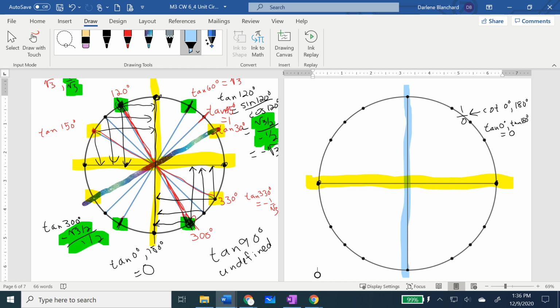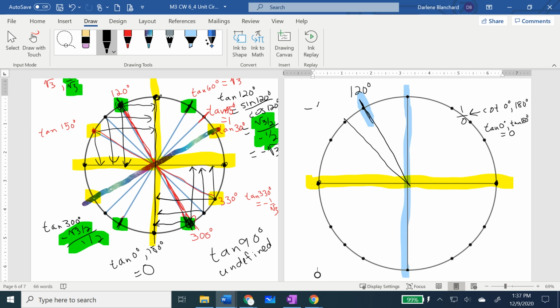So if I'm looking at this angle right here, which is 90 plus 30, 120. If I'm looking at 120 and someone asked me what is the cotangent of 120, I would first think, what's the tangent of 120? And I would look at the fact that this has a negative slope and that it's steeper than the -1 slope.